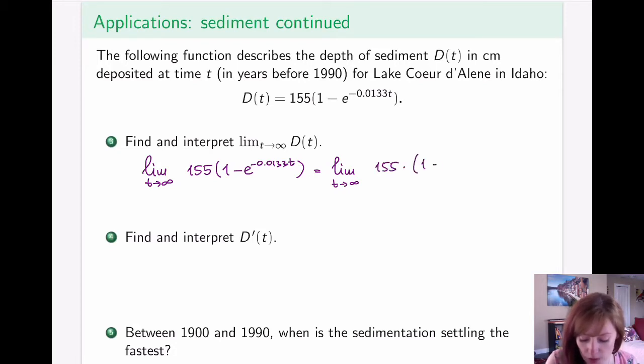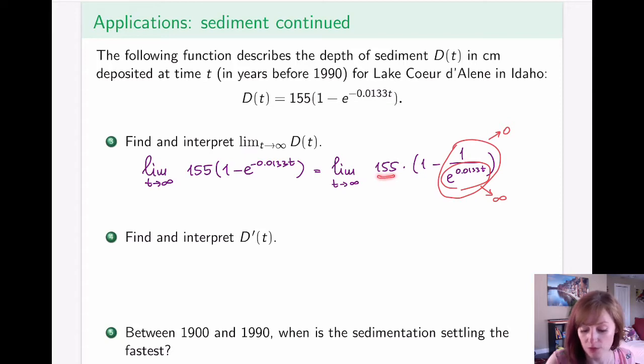So it's 1 minus 1 over e to the 0.0133t. So now as t goes to infinity, this term will go to infinity. 1 over a very large number becomes a very small number, which means that this entire term goes to 0. And then what we have left is 155 times 1 minus 0, so that's equal to 155.